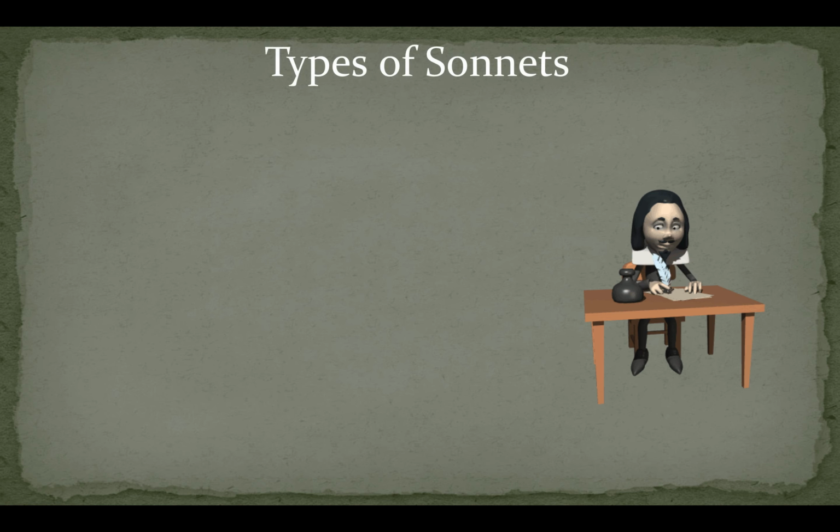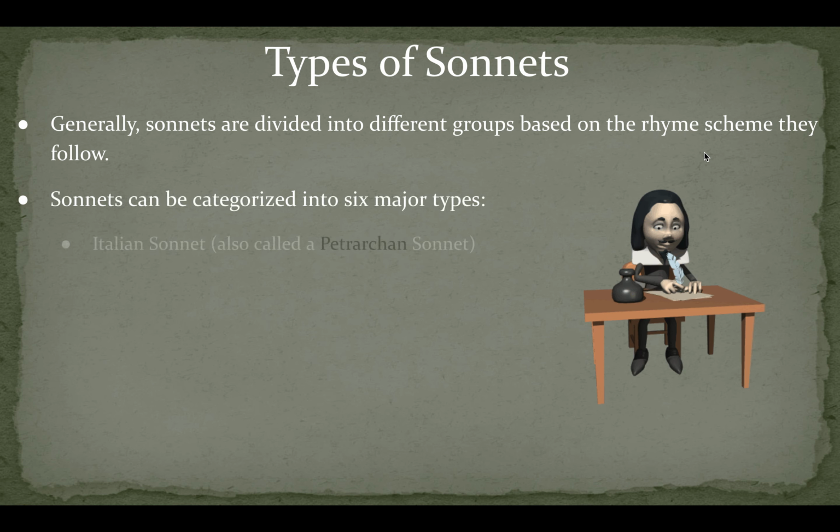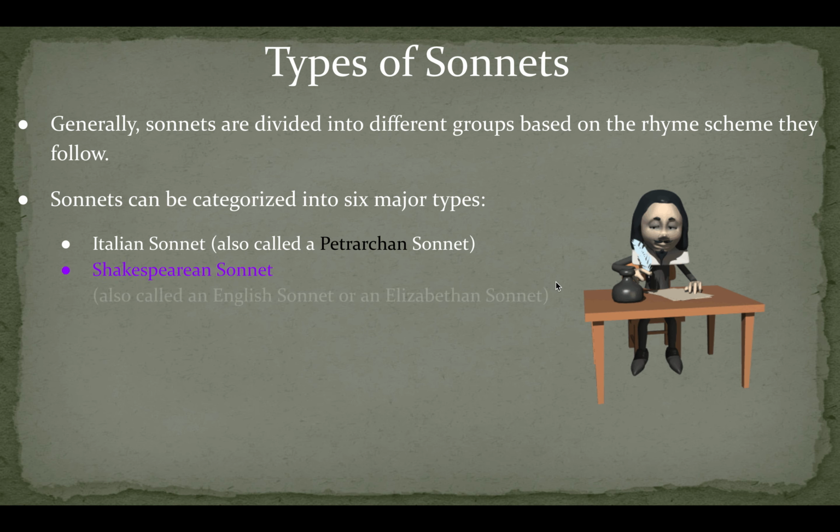All right, so let's just talk briefly about types of sonnets. Sonnets are divided into different groups based on their rhyme scheme. 6 major types. The Italian sonnet, which was kind of the first type of sonnet, also called a Petrarchan sonnet. Petrarch was a guy who wrote, guess what, sonnets? Here we have Shakespeare, though. Because there's also the Shakespearean sonnet.